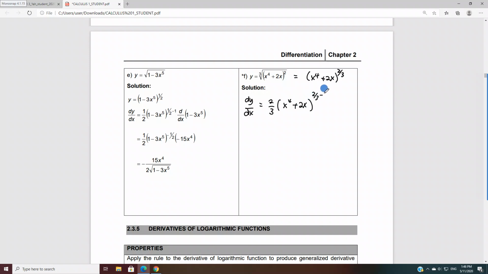Okay, 2/3 minus 1. Lepas tu differentiate yang ni dapat 4x cube plus 2. Okay, so yang ni dapat 2/3 x to the power of 4 plus 2x kuasa negatif 1/3 times 4x cube plus 2.